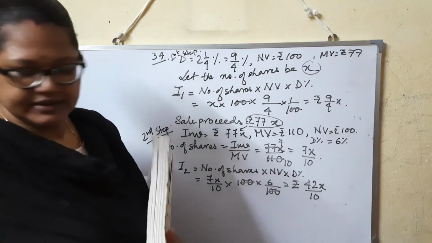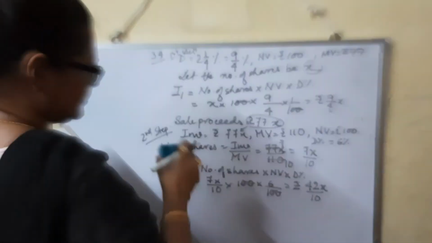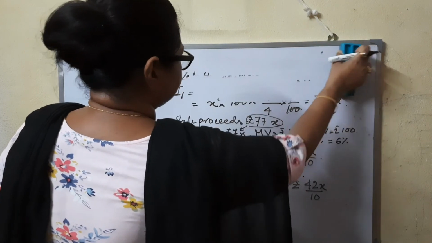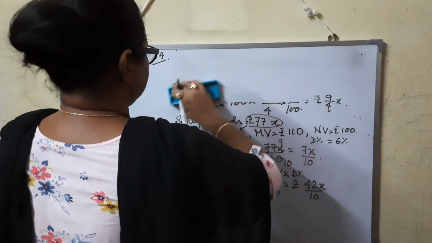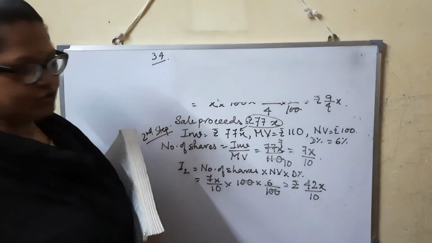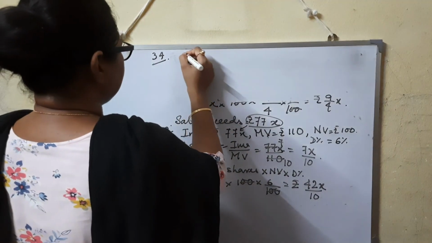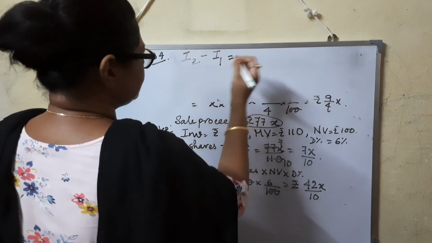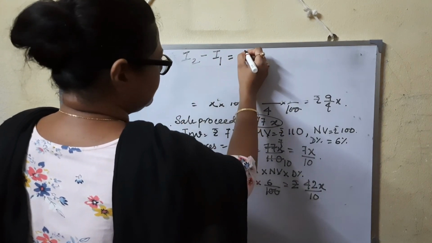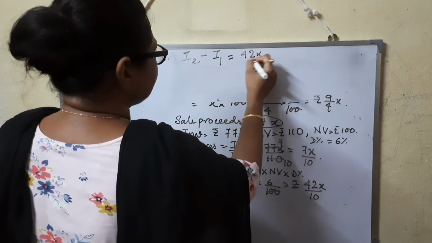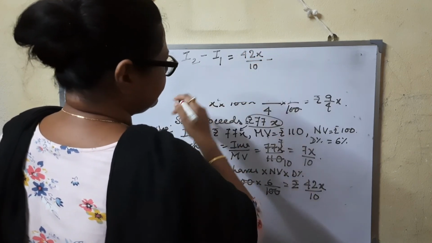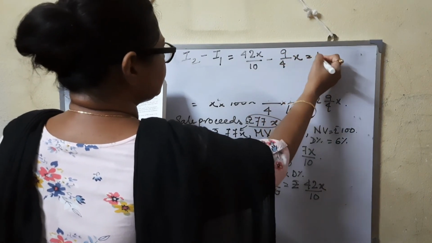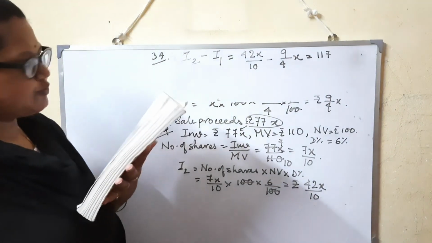Okay, let's erase and do it on the top. So what was it? I2 minus I1 is equal to 42x by 10 minus 9 by 4x is equal to 117. This is what we have.